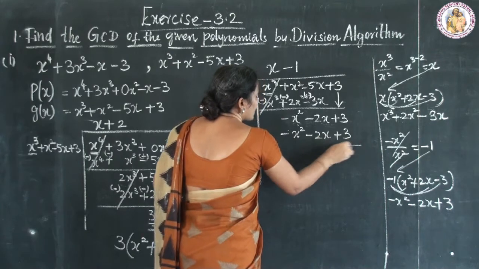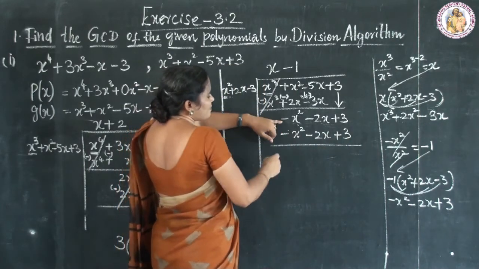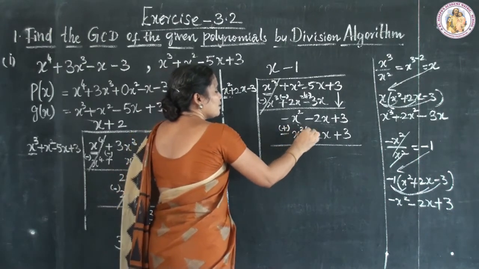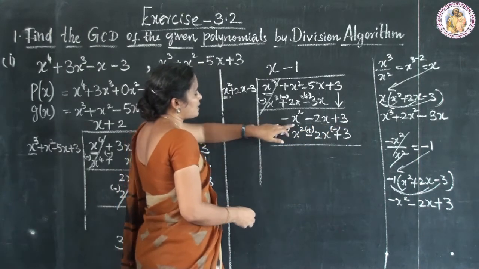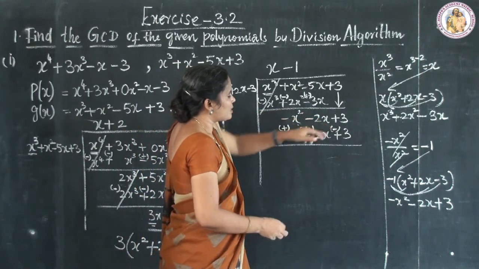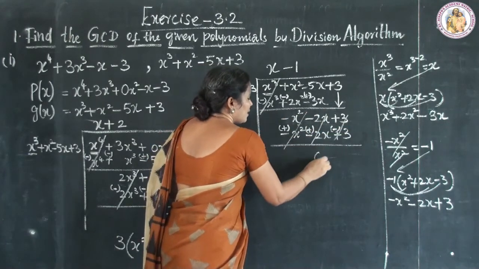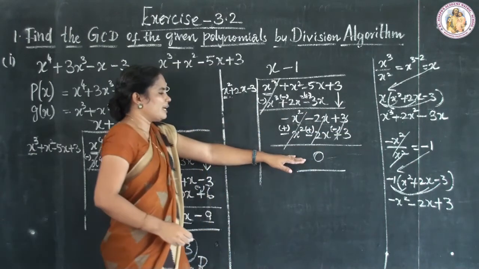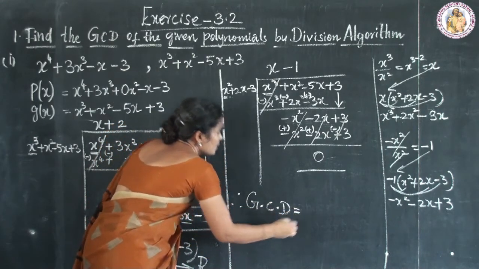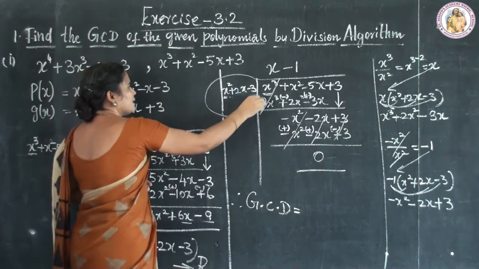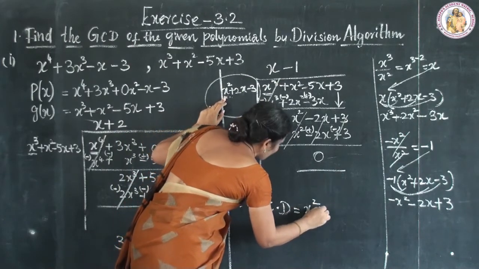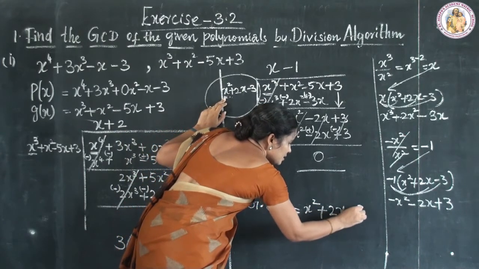Now you can see the quotient. So GCD is equal to x square plus 2x minus 3.